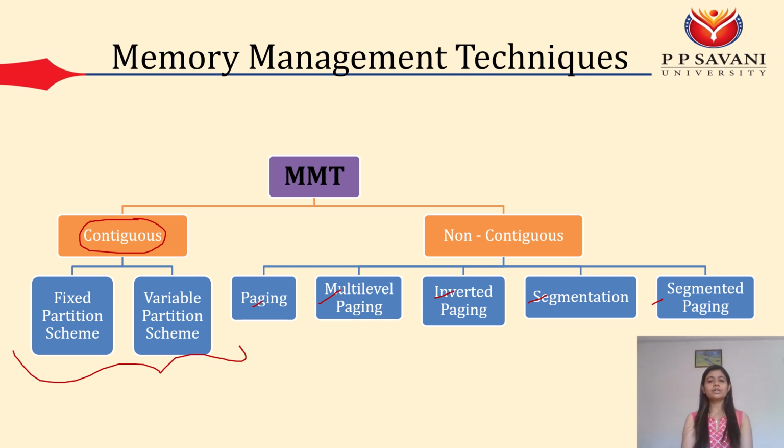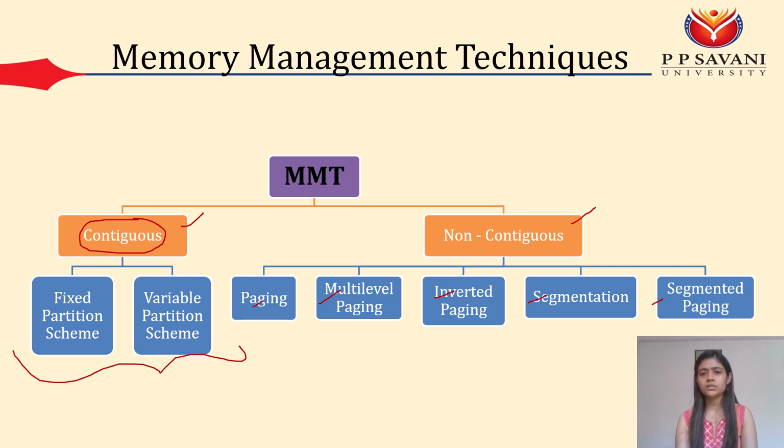Before discussing each technique in detail, we first need to understand what contiguous allocation is and what non-contiguous allocation is. Till now, we have a clear idea that whenever a process wants to execute, that process must be present in main memory.